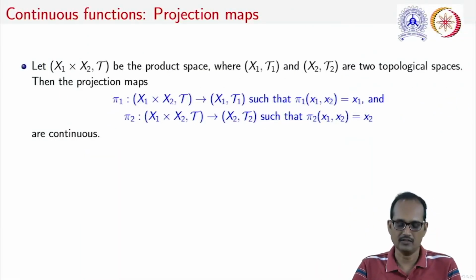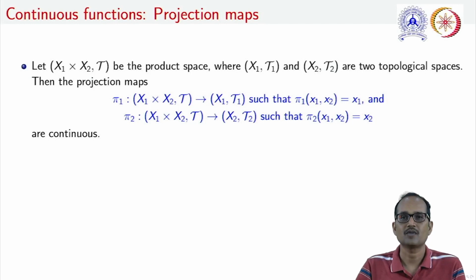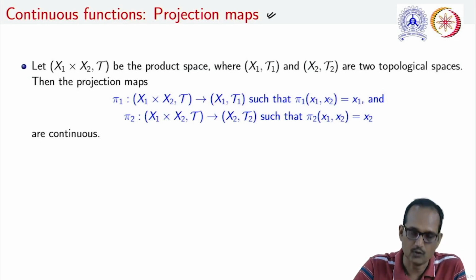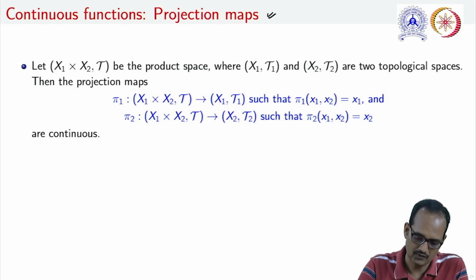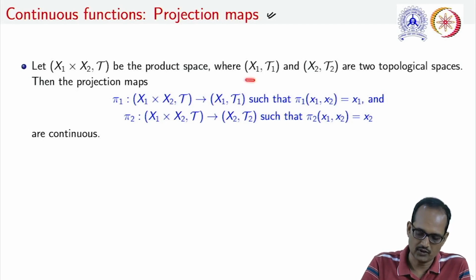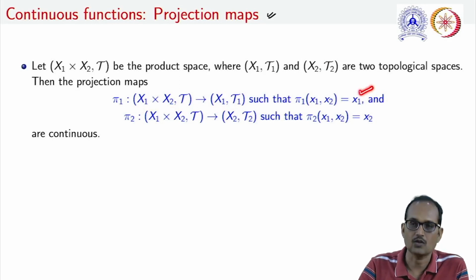Moving to the next concept, let us see the continuous maps associated with product topology. We have already seen the concept of projection maps. The concept was, if we have two topological spaces X1, tau 1 and X2, tau 2, and let tau be the product topology on X1 cross X2, then the map pi 1 is defined from this topological space, that is X1 cross X2 along with product topology, to X1, tau 1, such that pi 1 of (x1, x2) is equal to x1.